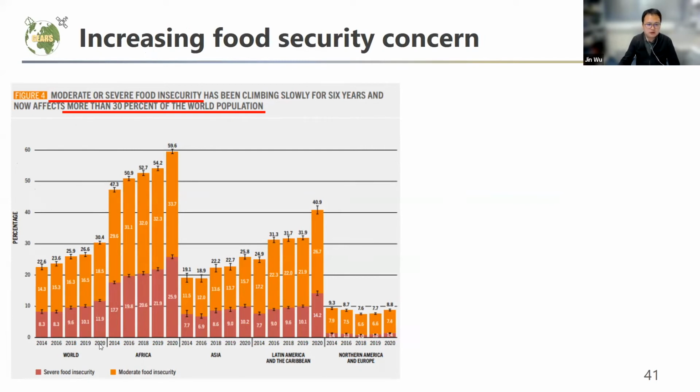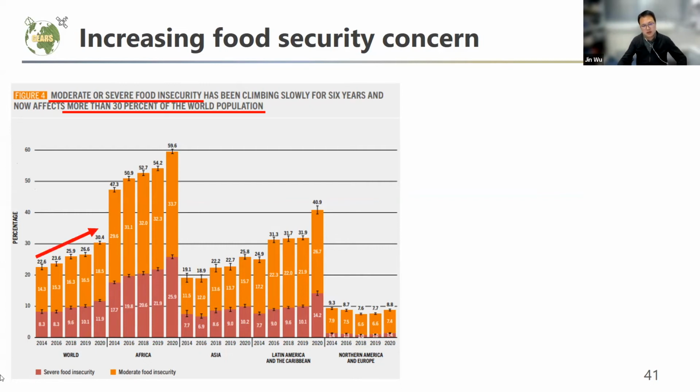Now, if we just focus on the 2020s, we found that across the world, around 30% of the population actually suffer from food insecurity issues, like severe food insecurity, shown in dark red here, and orange is moderate food insecurity. So that means around 30% of people still suffer from moderate to severe food insecurity, even in 2020.